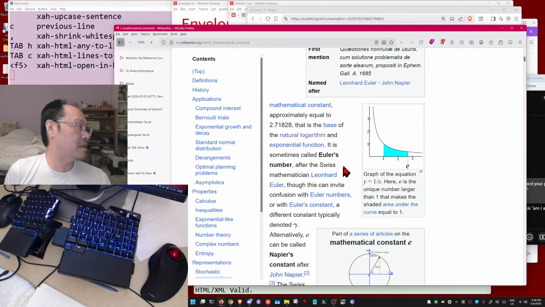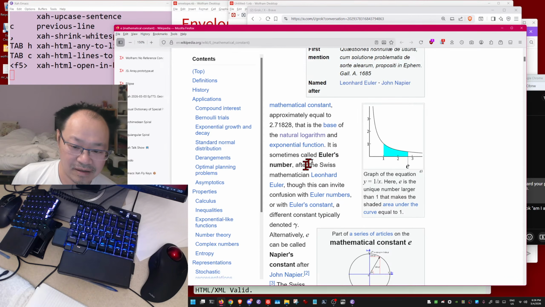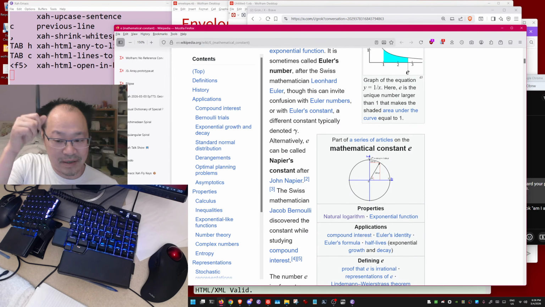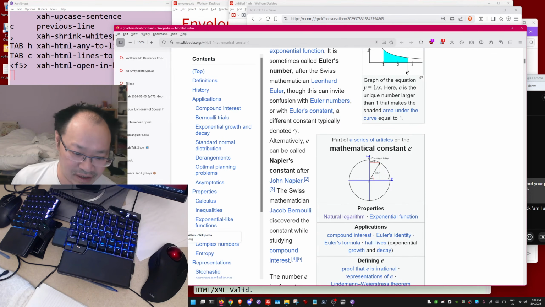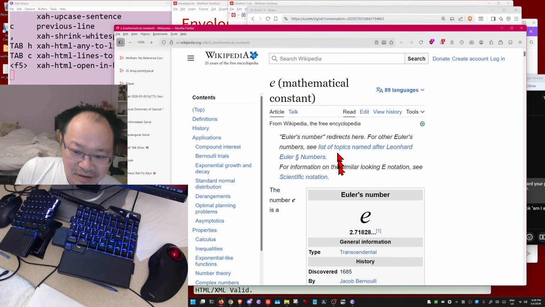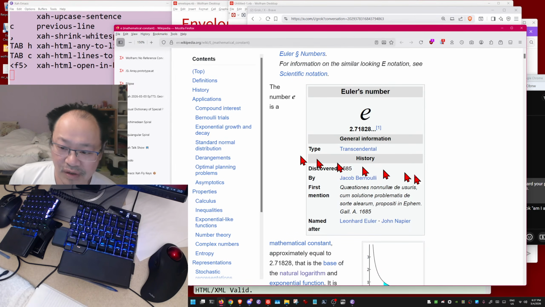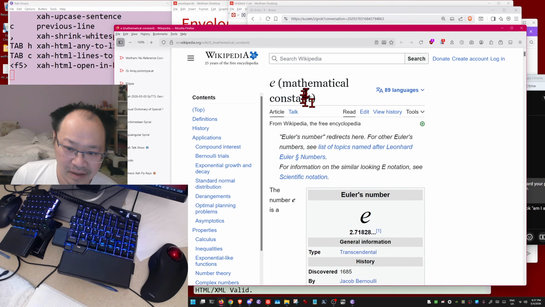But anyway, you can see that this number, the mathematical constant e, doesn't actually have a name. They should have one, but we don't actually have a name for this number.